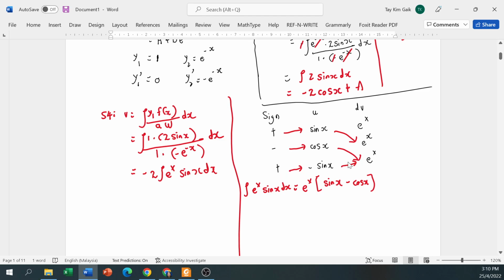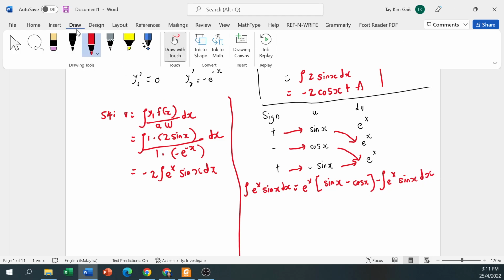So this is a systematic way where we put it in table form. The horizontal row is positive, negative sin x multiplied by e^x, so you have negative, and carry the integral symbol, because this is v and this is du: from dv we integrate to get v, and u we differentiate to get du. So this is the integral of e^x sin x dx.